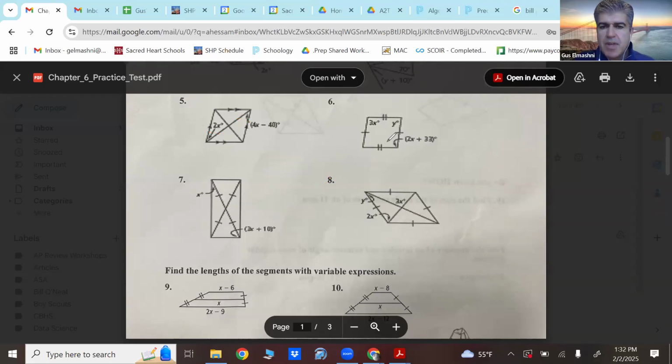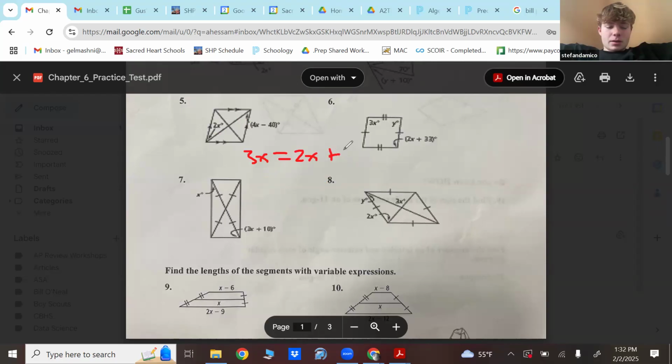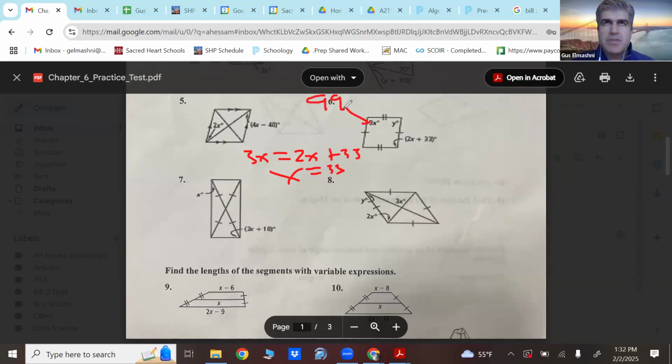So here, those have to be the same. So if that's 99, this has to be 81 because those are same side interior angles that have to add to 180.